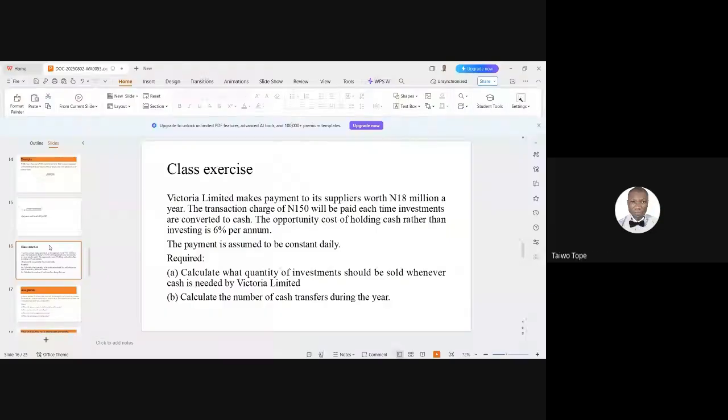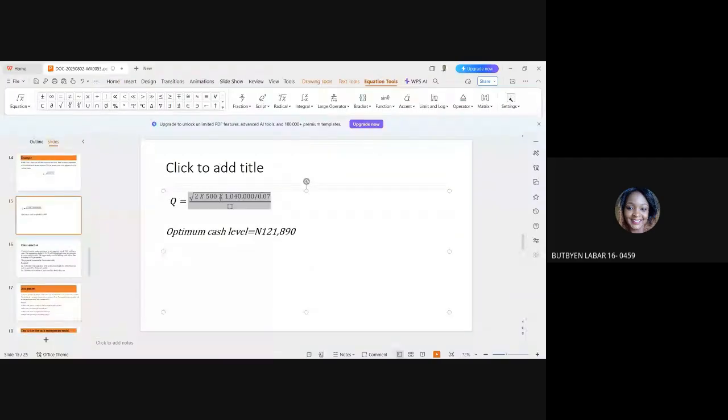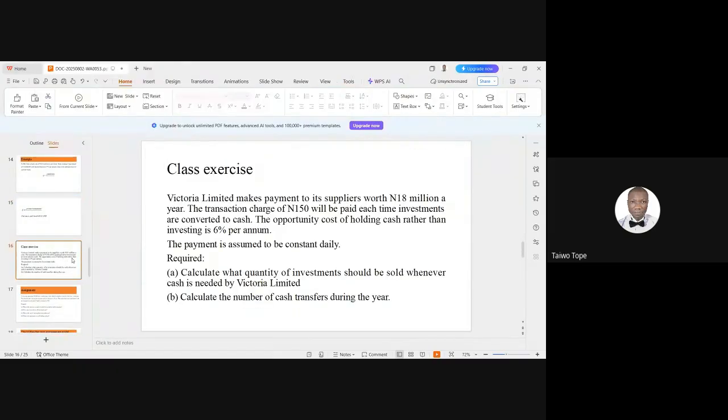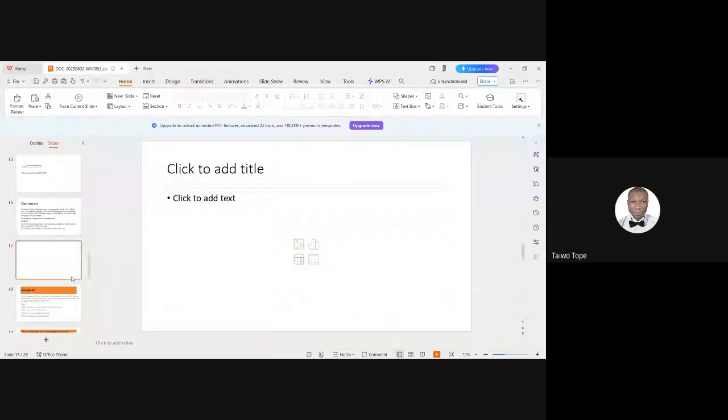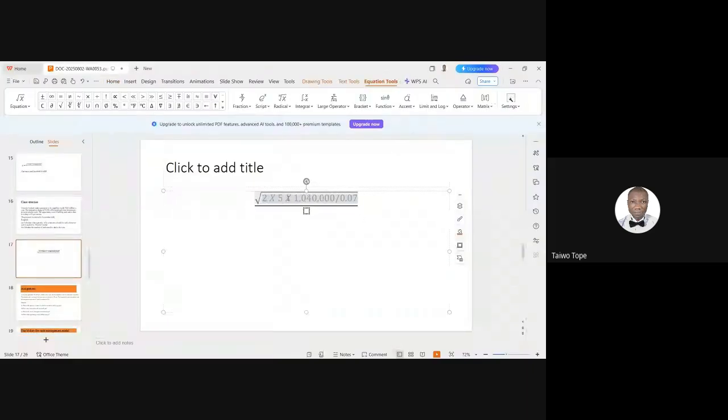So when you put everything in the square root formula and you simplify, what will you have? I have 5,400,000. Did you do the square root? Your variables are correct, but the computation is not giving us the right answer.